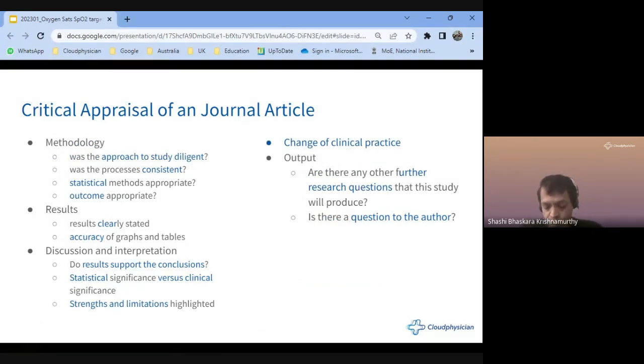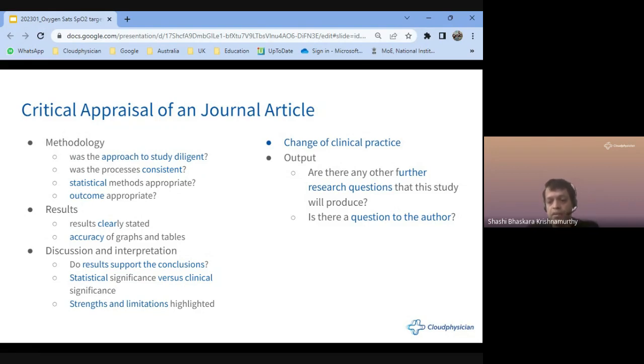Then the actual processes have to be looked at. The approach to a study, whether it has been very diligent, has the process been consistent throughout, and with the statistical methods, there are so many methods, and as clinicians, sometimes we may start getting confused between these methods.